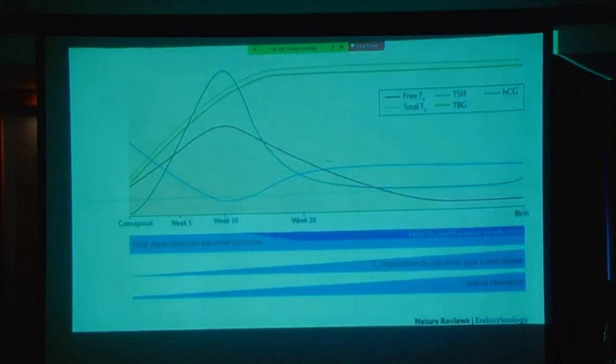Till 20 weeks, you need to supply thyroxine for these people. This is the HCG. By 10 weeks, HCG level goes up and gradually comes down. The opposite is happening: when HCG goes up, the thyroid hormones come down.